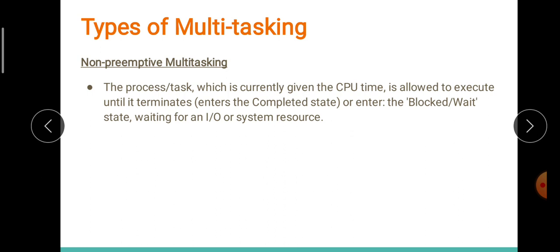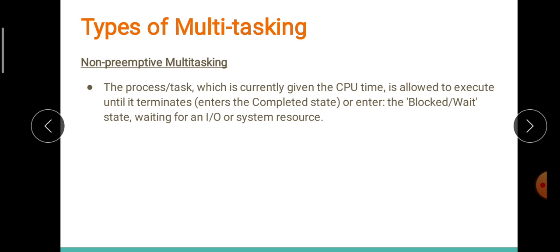Even before one task completes its execution, another task gets the chance. So that may be based on time slots or even priorities. And in non-preemptive multitasking, the process which is currently using the CPU can execute until it terminates or enters the blocked state.